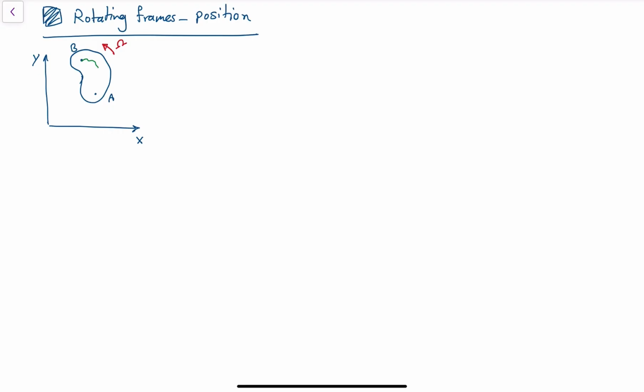And we want to do the same thing. We know the motion of A, we know the rotation of the body. We want to find motion of B. Obviously, in this case, we need to have some information about how B is moving on the body.